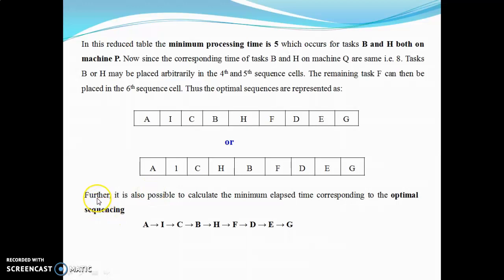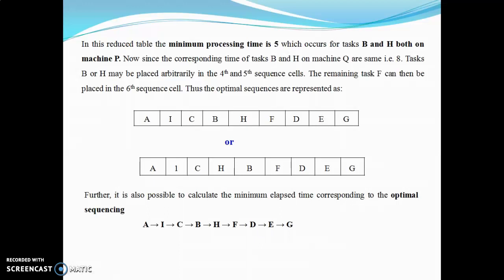Okay. So now further it is also possible to calculate the minimum elapsed time, that is capital T, corresponding to the optimal sequence. This is the optimal sequence. Optimal sequence means the minimum sequence, or the final sequence using our algorithm.